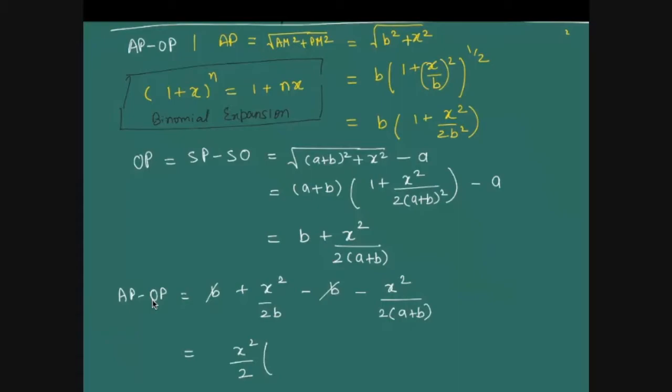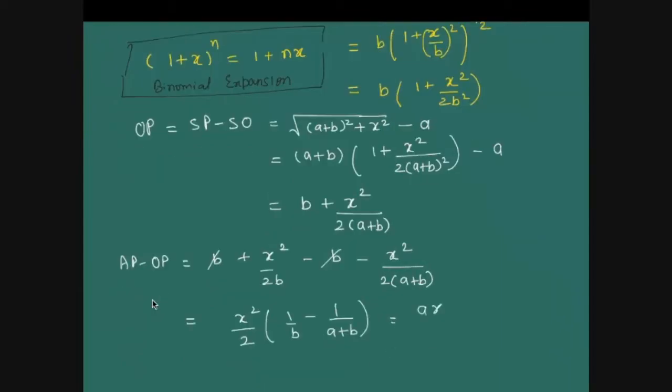We will be left with 1 by B minus 1 by A plus B, which will be equal to AX square divided by 2B A plus B. So now this is our path difference.